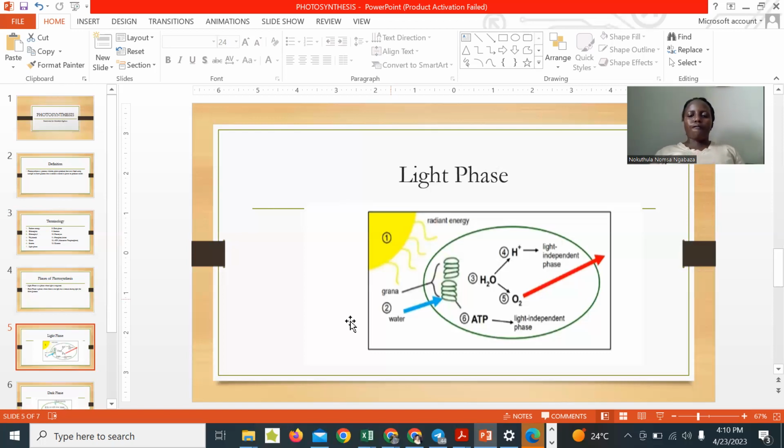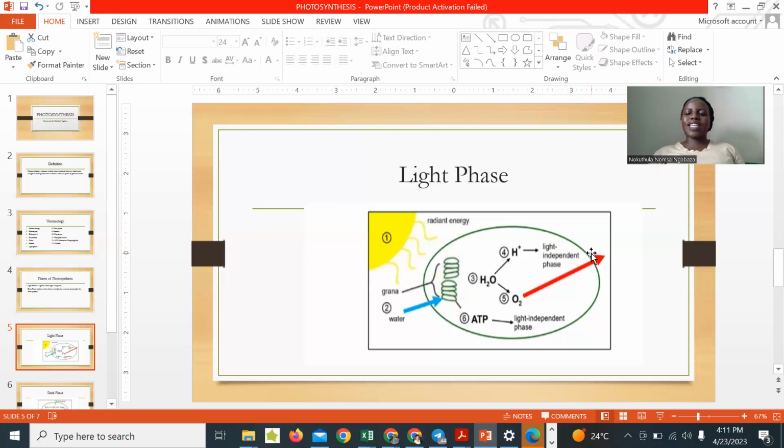And then from number 5, we go to our number 6. So if we are looking at your number 5, before we proceed to number 6, what happens is that the hydrogen rich energy ion that was formed during photosynthesis is going to be carried by what we call an NADP so that it can form NADPH.